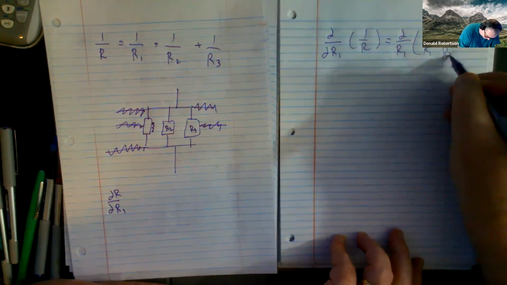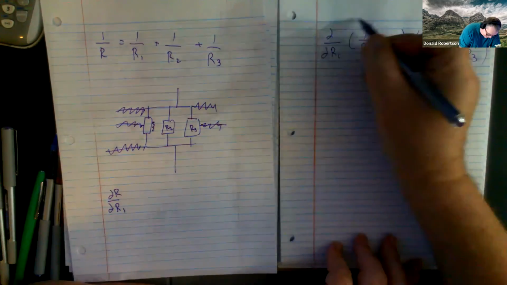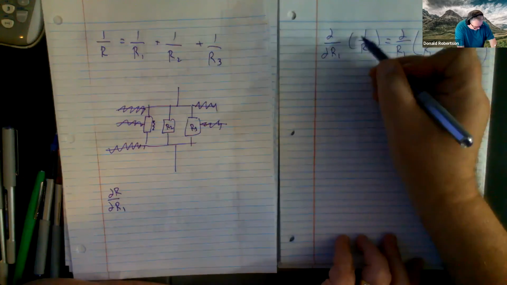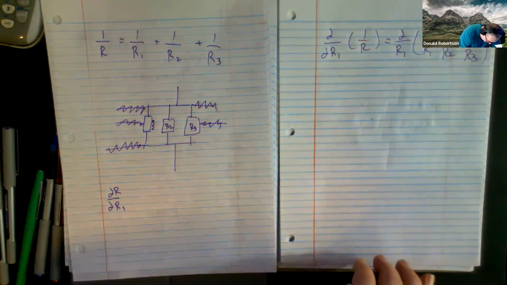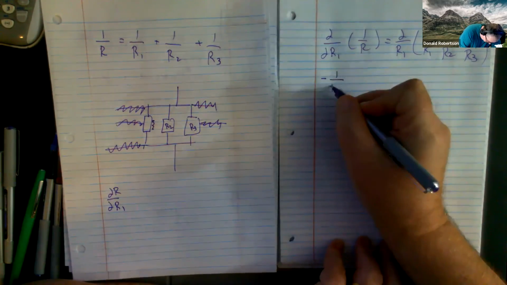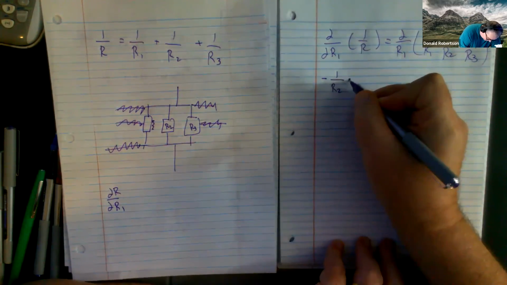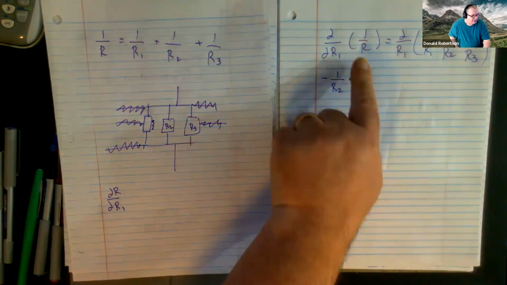I wasn't going to do this, but I feel I need to now because not everybody knows what's going on. R is considered a function of R1, right? It's implicit differentiation. When you differentiate 1 over R, you get -1 over R squared times dR by dR1. Are you happy about that? That gets you this.